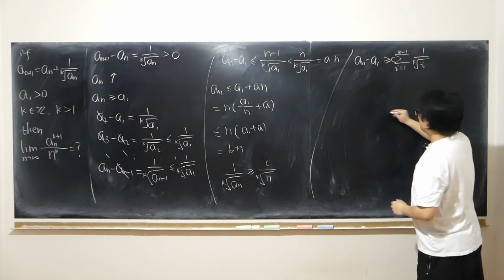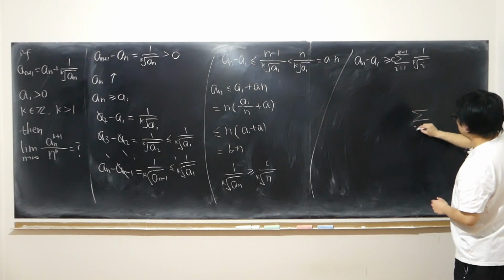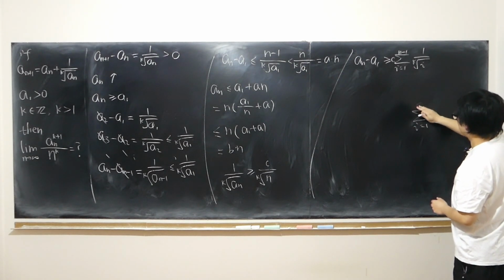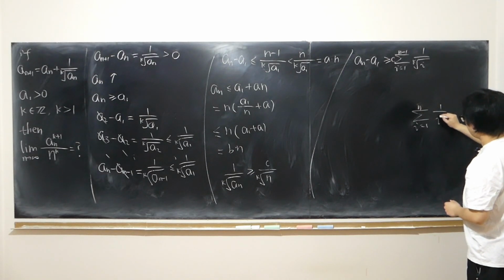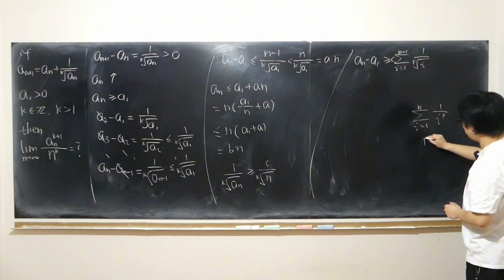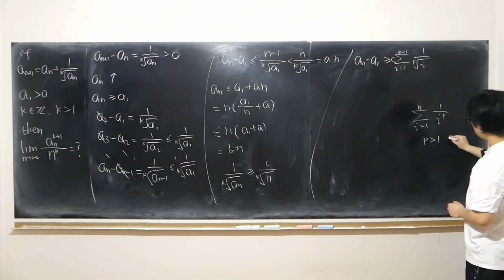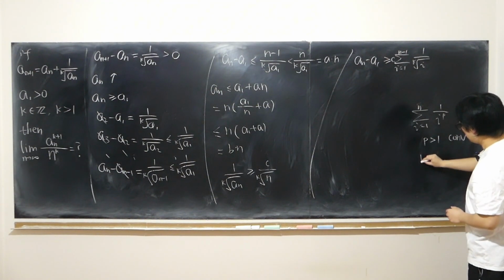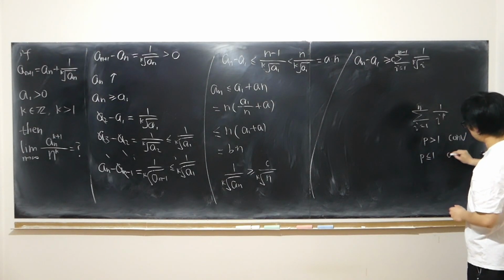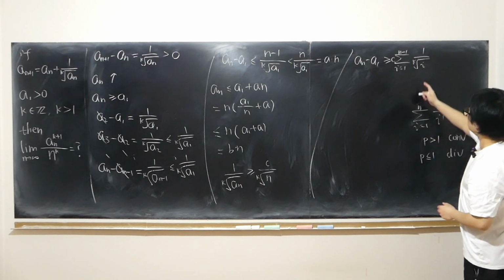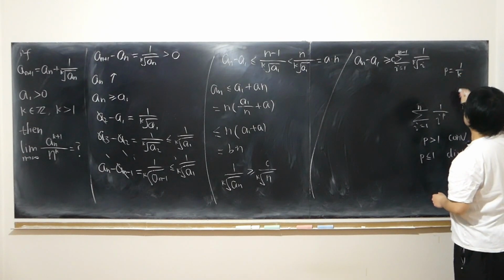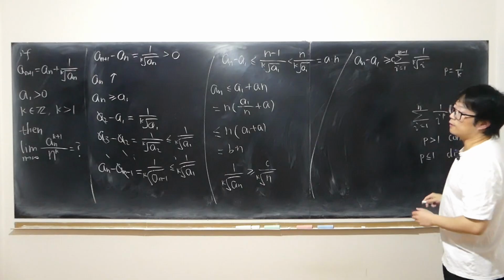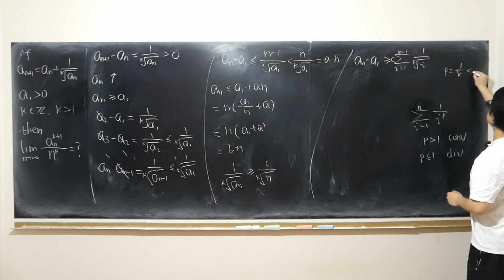And remember, if we have the sum from i equals 1 to n of 1 over i to the power of p, as long as p is greater than 1, then it is convergent. If p is less than or equal to 1, it has to be divergent. So here, p is equal to what? 1 over k. k is greater than 1, so this has to be less than 1.